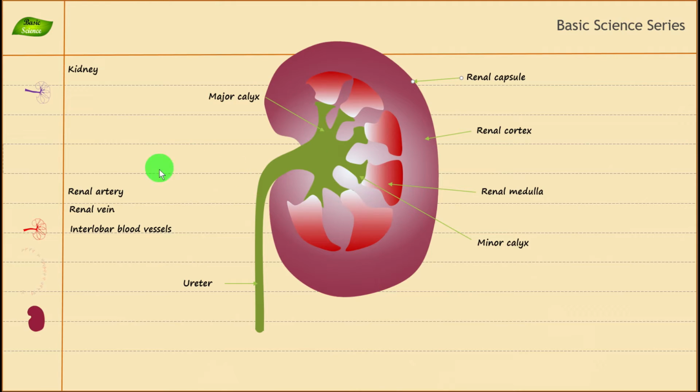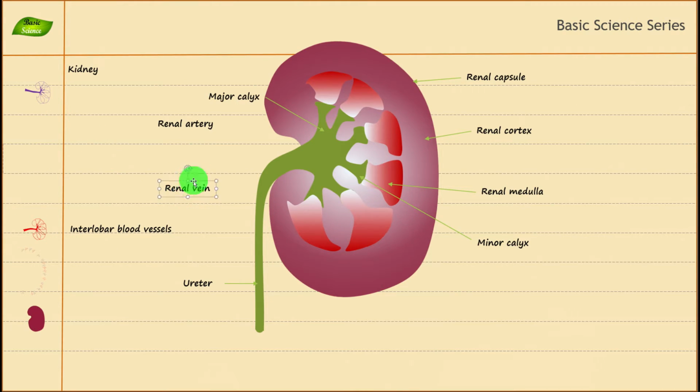So now what we need is the blood inside the kidney. So you need a system that can run blood. So we need the input of the blood as well as the output of the blood. We need a system that can put blood inside the kidney, and we need a system that can take out the blood from the kidney.